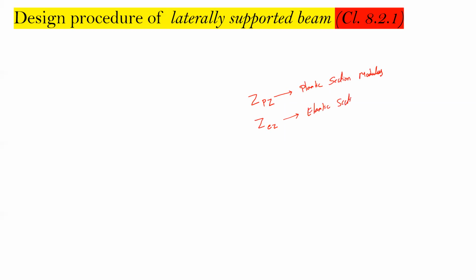As I was telling in the beginning of the class, you have two different types of analysis of beams: the plastic analysis and the elastic analysis. But for the time being, just remember what ZPZ and ZEZ are.